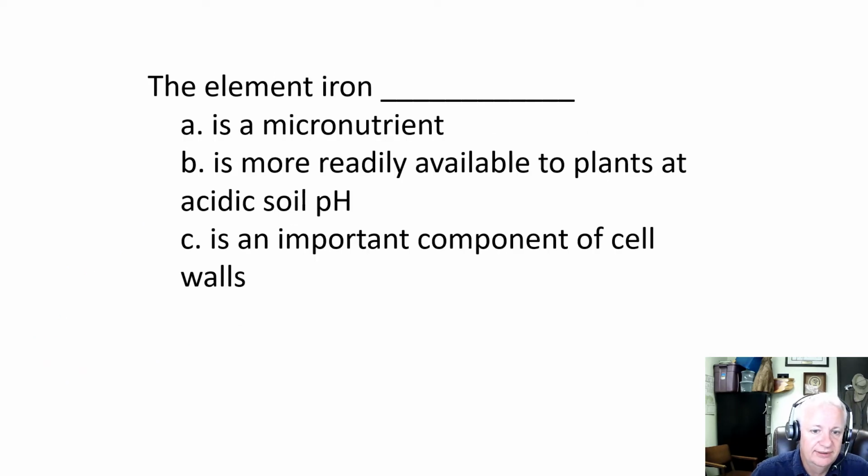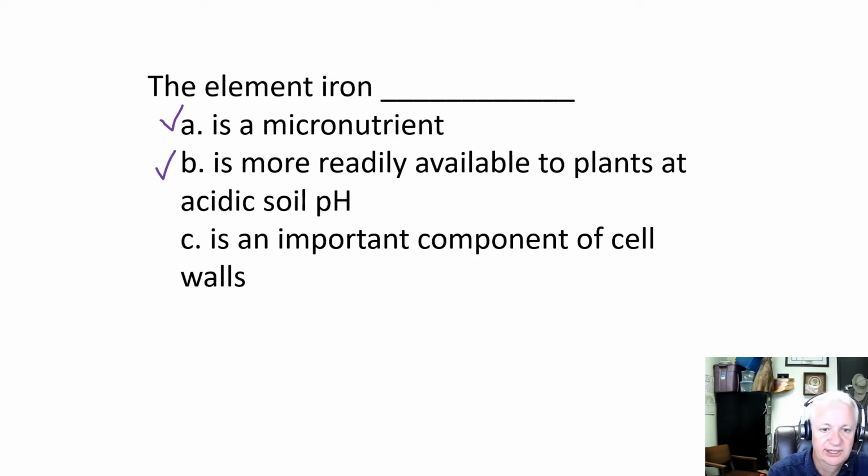Here's another one, the element iron. It's a multiple choice question. The element iron is a macronutrient. Is iron a macronutrient? No, iron is not a macronutrient. Is it more readily available to plants at acidic soil pH? Yes, it is.